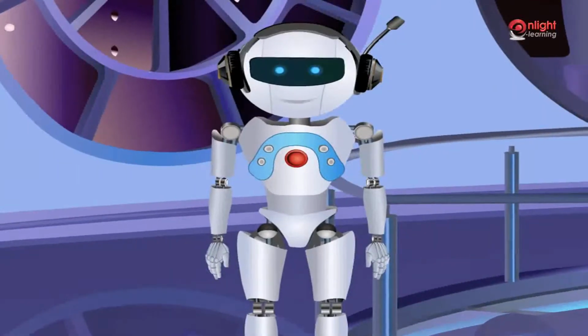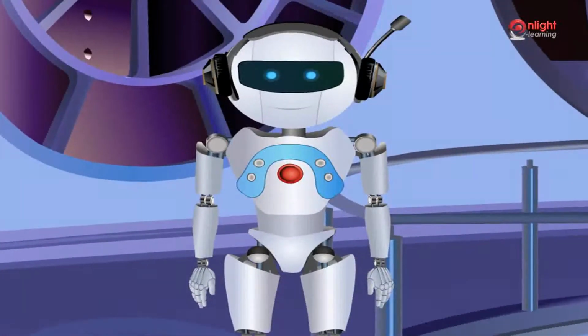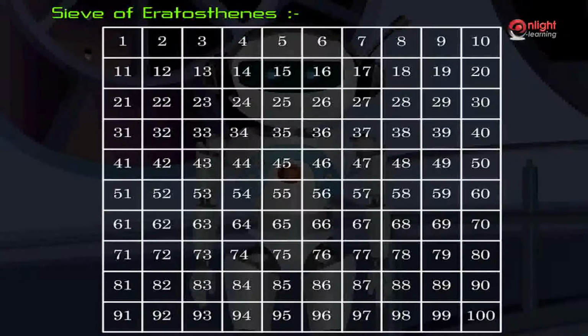Let me teach you how to find the prime numbers by this method. Make a 10 by 10 grid and write numbers from 1 to 100. Cross out 1 because 1 is neither a prime nor a composite number. Now, the least even prime number is 2. Circle it.